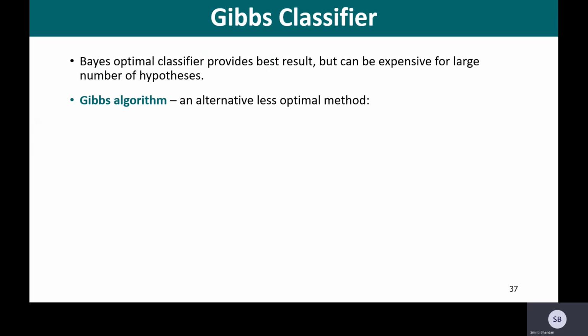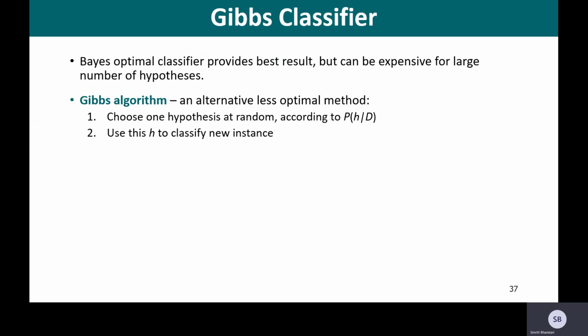So Bayes optimal classifier actually provides us the best results, but due to the computational overheads, if the hypothesis space is very big, we may go with this Gibbs algorithm, which is less optimal than the Bayes optimal classifier. Let us list out the steps in Gibbs algorithm. Choose one hypothesis at random according to the probability of H given D, and then use this hypothesis to classify the new instance. Right?